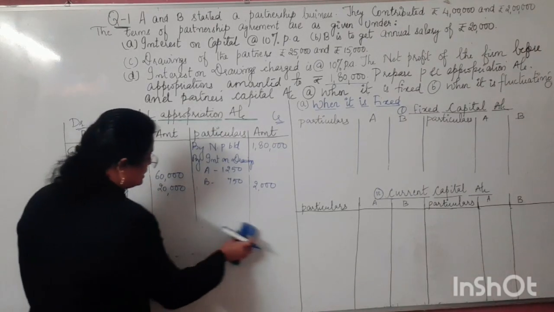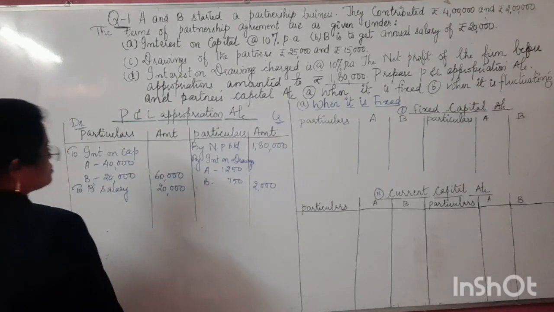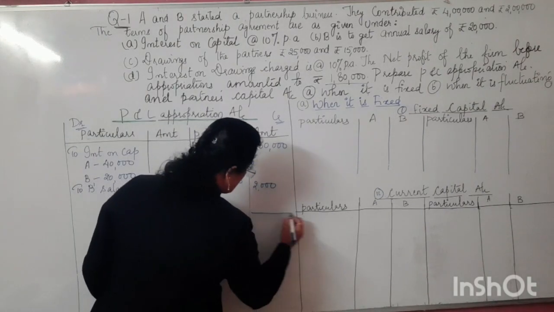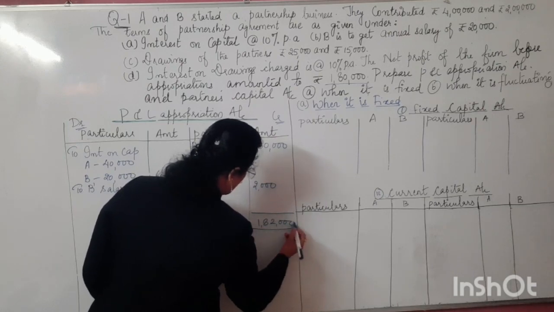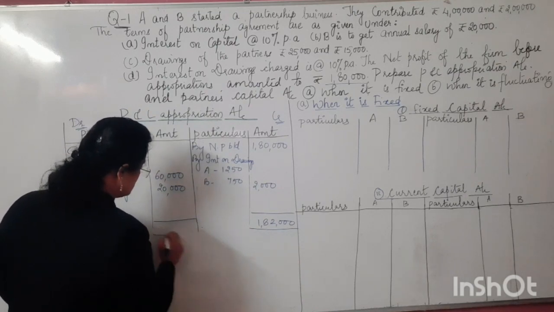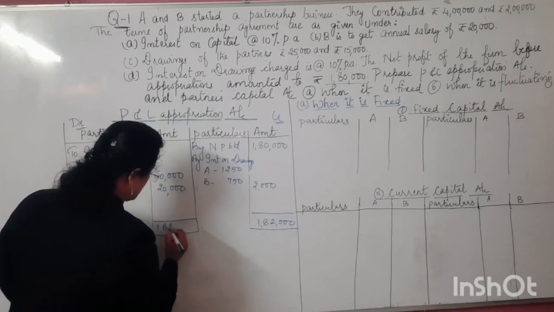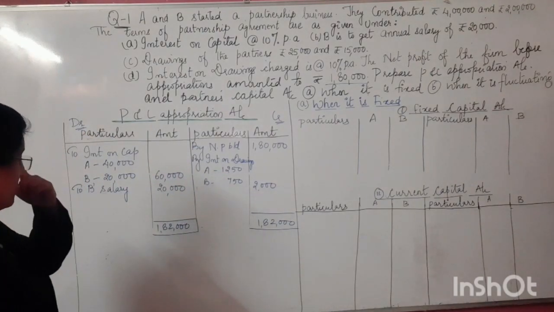Now let us close this P&L appropriation account by balancing. Therefore, the credit side is more, with a total of 1,82,000. Similarly, here also the total is 1,82,000.